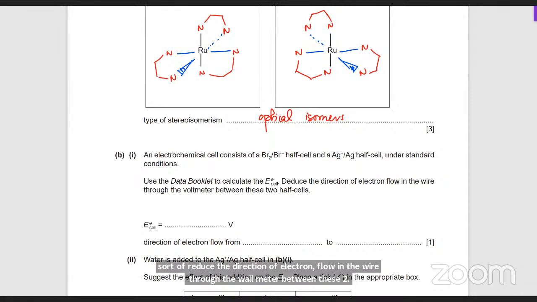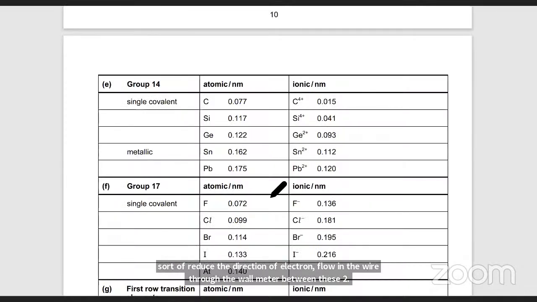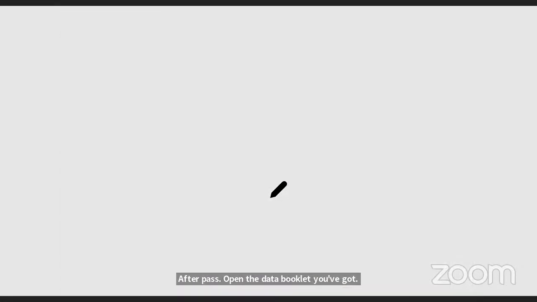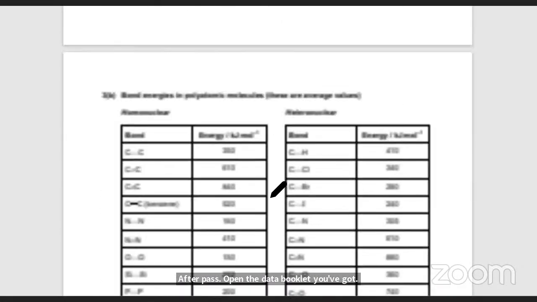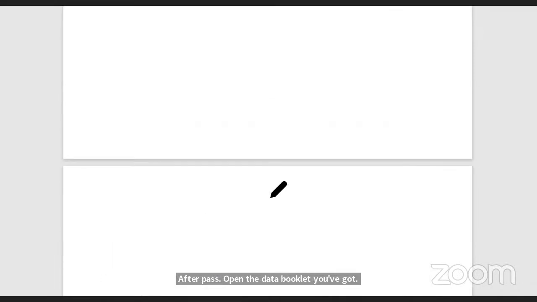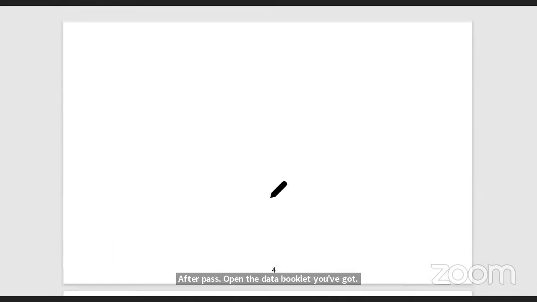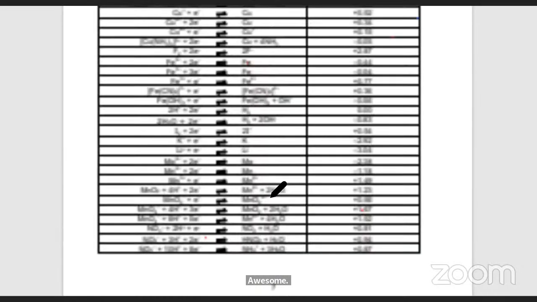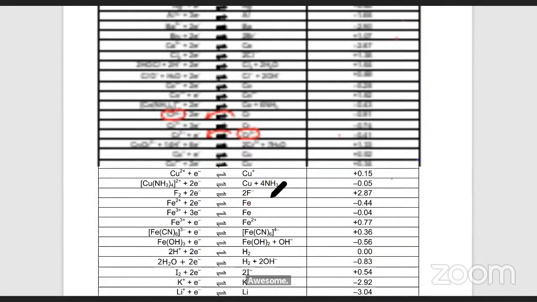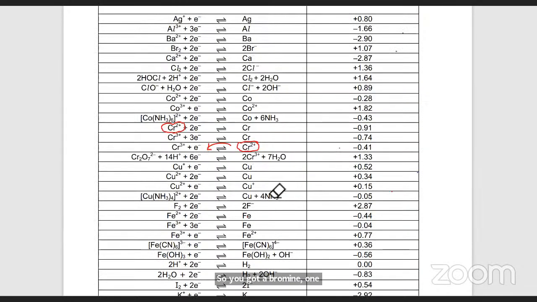Where did it go? Okay, bromine. You've got a bromine one. So where's the bromine one? That's this one. And then a silver one, okay, silver is right next to it.